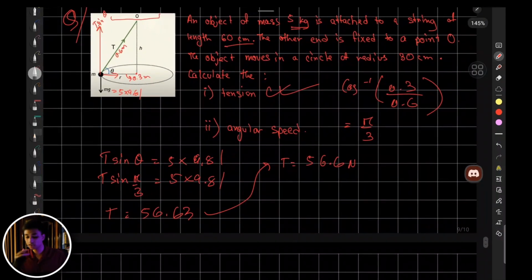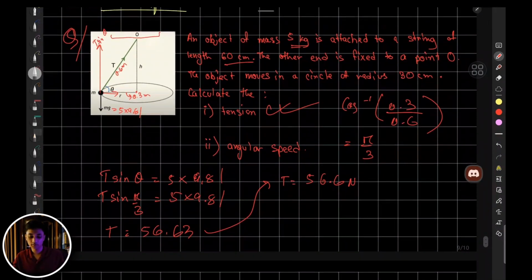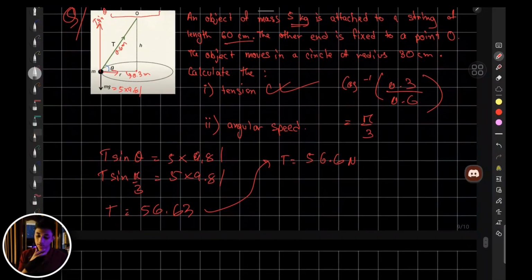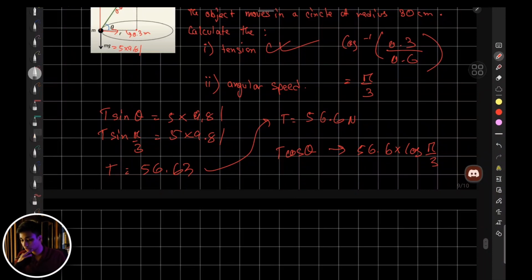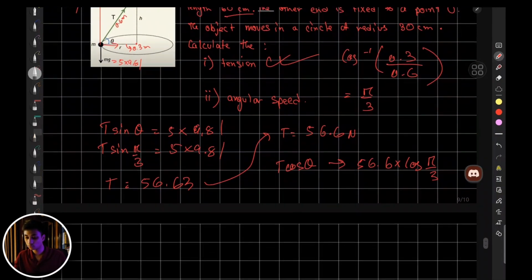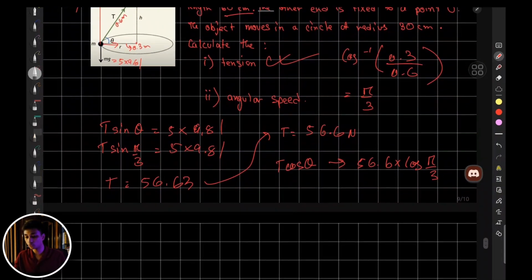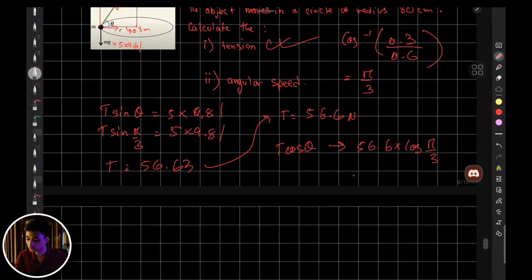You know the tension. Now the angular speed. How do you find the angular speed? You can find out the centripetal force, which is T cos theta. T cos theta will be 56.6 times cos pi by 3, which is half.